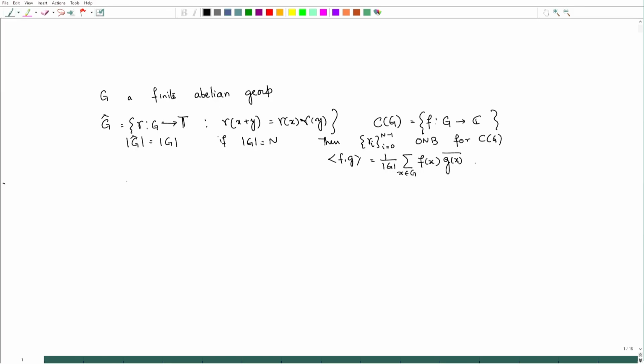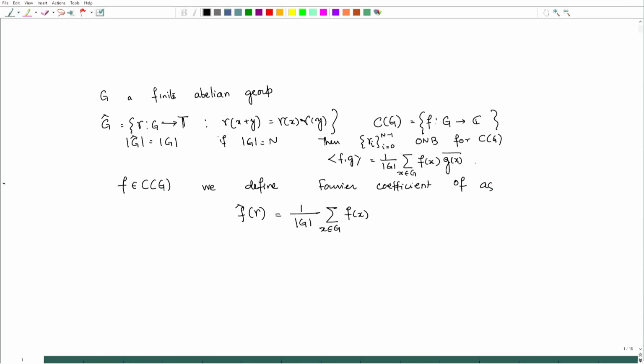Now, if f is in C G, then we define the Fourier coefficient of f as f hat at gamma, which is equal to 1 by the cardinality of G, summation over x in G, f of x, gamma of x bar, for gamma belonging to G hat.